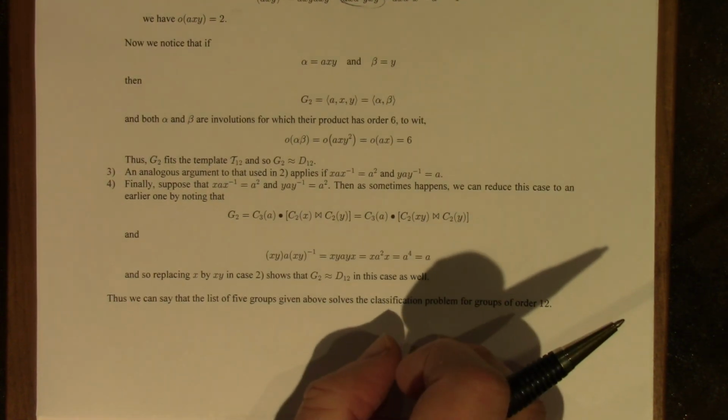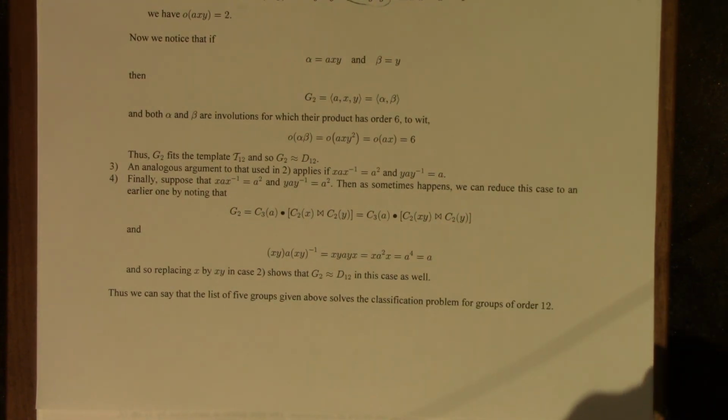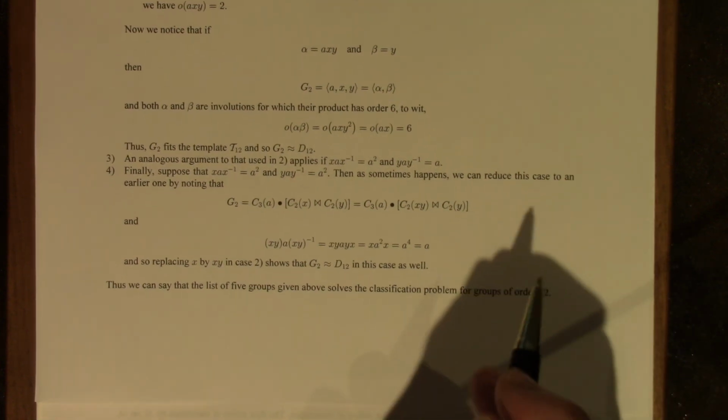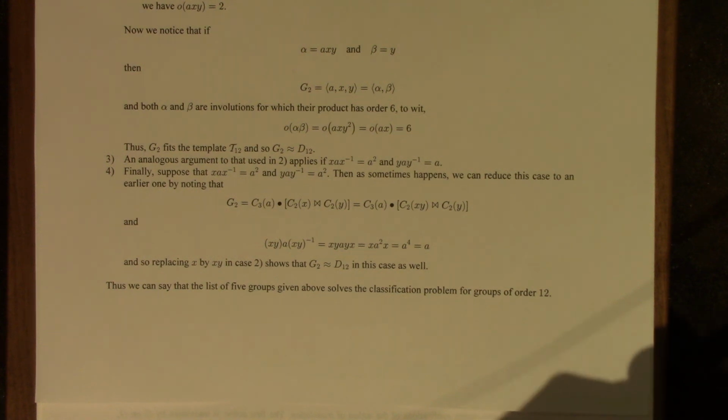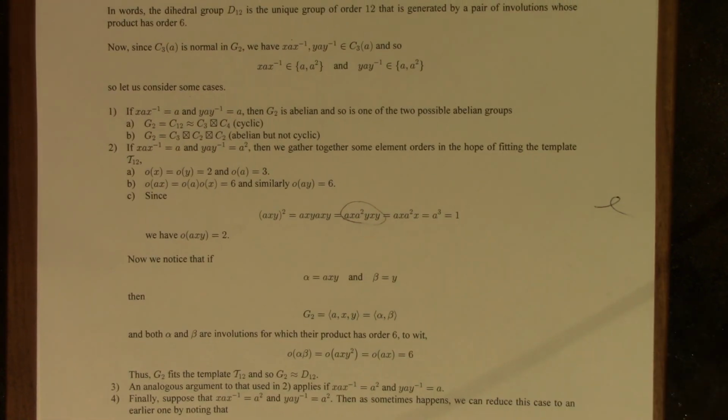It commutes with A, so it's in the center of the group. So anyway, you can play around with that if you want to. Okay. So that completes our characterization of the groups of order 12, and therefore we've completed our characterization of all groups of order 15 or less.